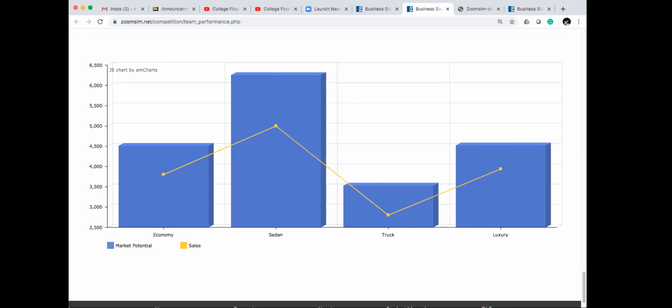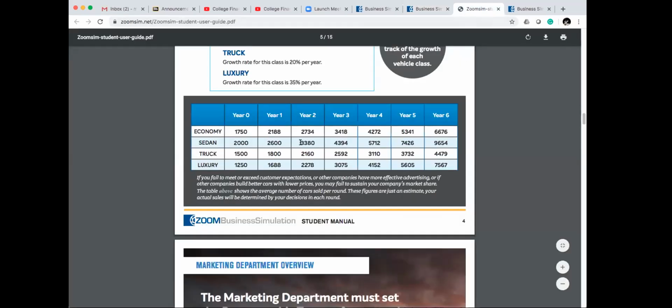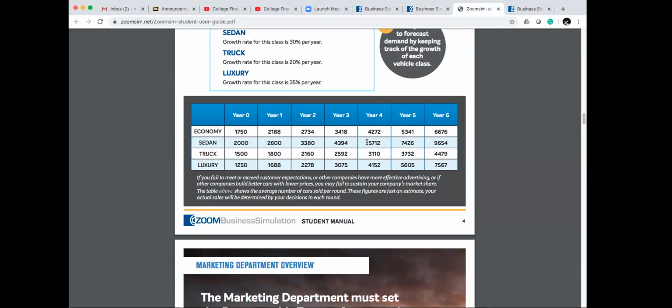So here you say the year over year sales forecast was 3,800 for sedan with a 30% growth. It should be around 5K, but instead it was 6K. So sedan for year 4 says 5,400, 5,700 should have been the year 4 for sedan. And the 30%, yeah.